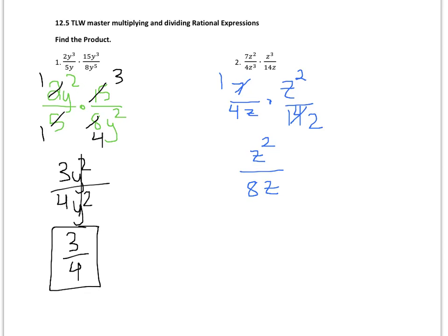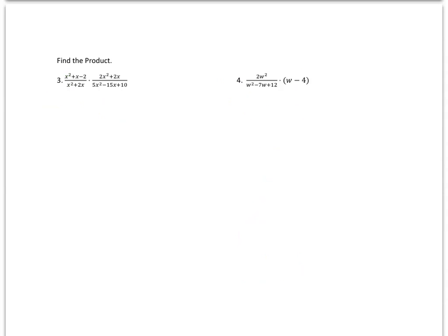So what's going to be left? Well, z over 8. Okay? If you're not sure about these things right now, replay this. But these should not be difficult. Okay? So let's take a look at some other ones.